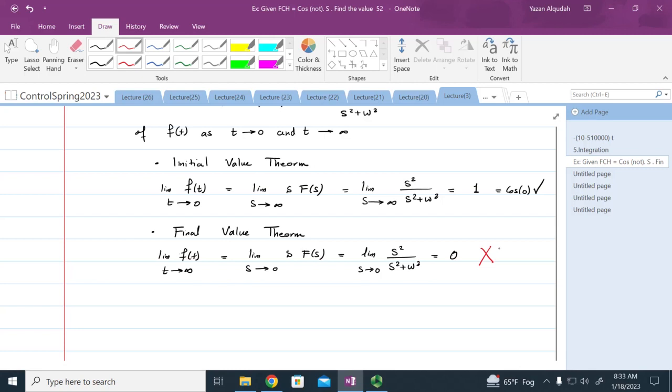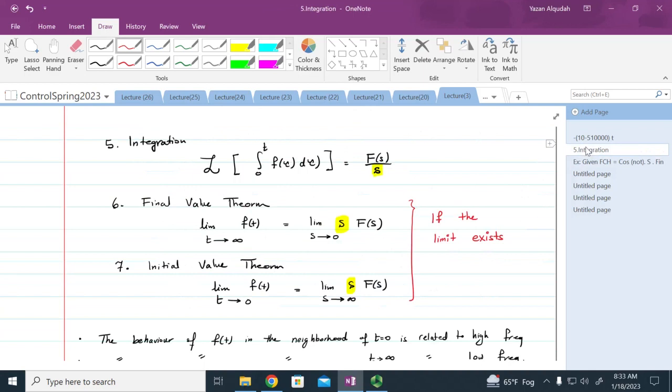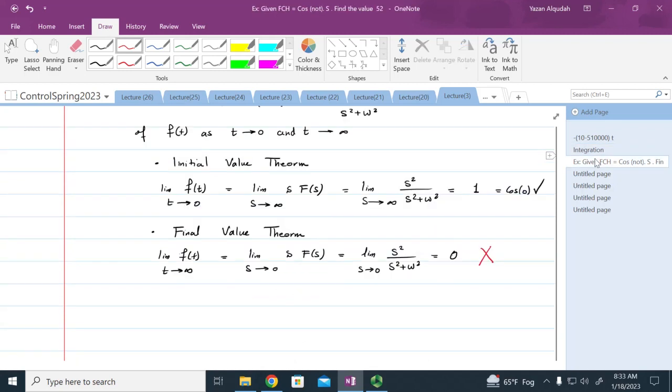Everybody knows that? And therefore, when we introduce this theorem, what did we say? If the limit exists. And what did I tell you? Whenever you apply this, in the back of your mind, you're going to remember, oh, there's a trick to it. Do not apply it blindly and then say, oh, I got a result, everything added up. Here, it looks like 0. What's wrong with the 0 here? After you get this result, you're going to say, but does the function have a limit or not? If it does not, then this value is not valid. Is that clear? Everybody's going to remember that?